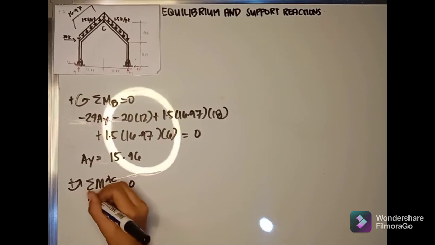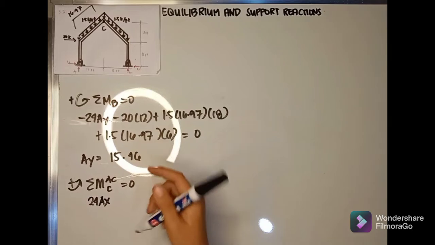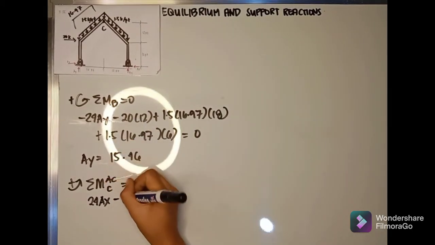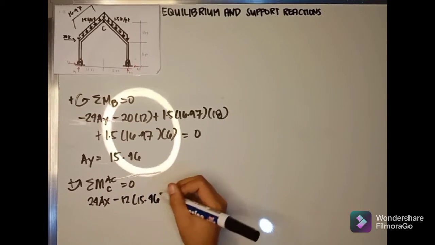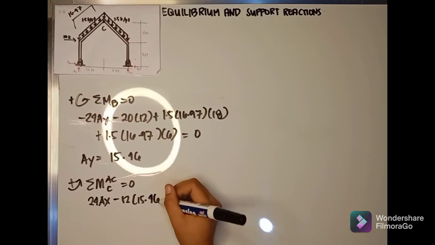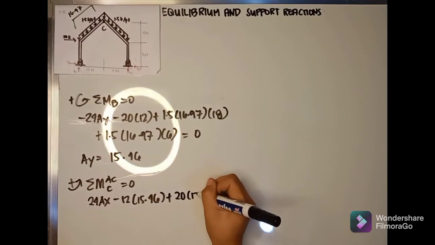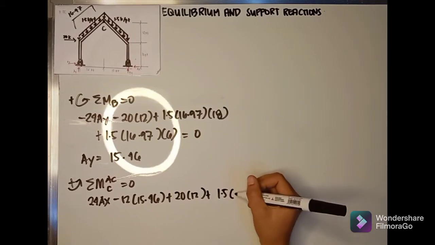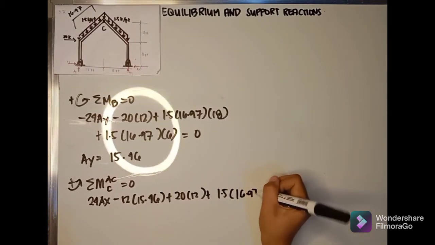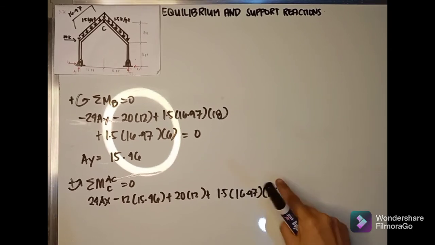So 24 AX, kasi 24 yung moment arm na dito, minus 12 times 15.46 AY, plus 20, moment arm niya is 12, plus 1.5 times its length na 16.97 times moment arm na, I mean 6 rather.